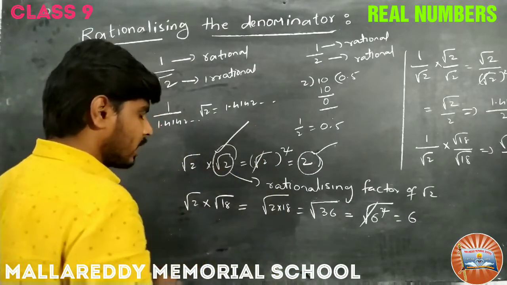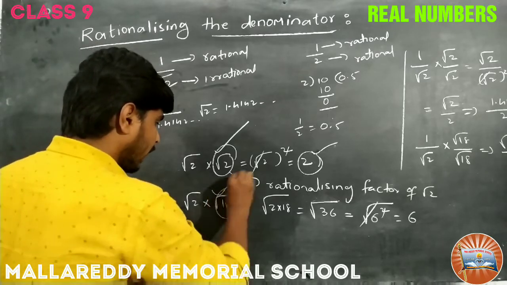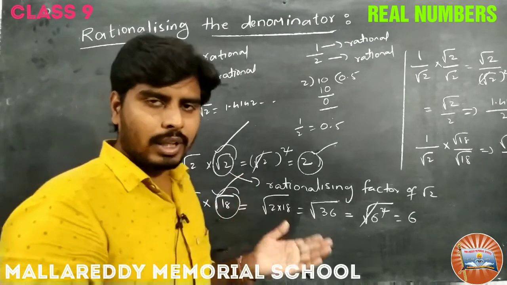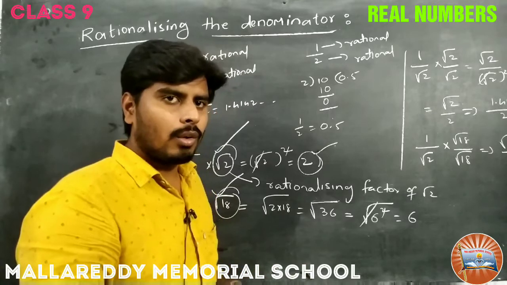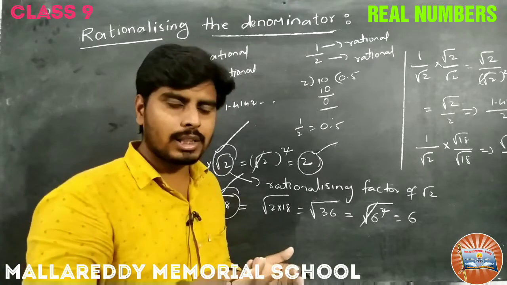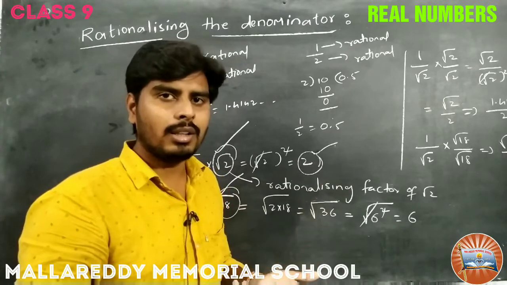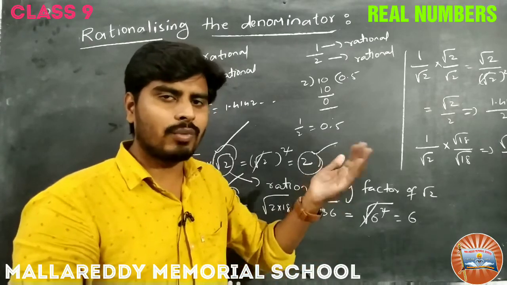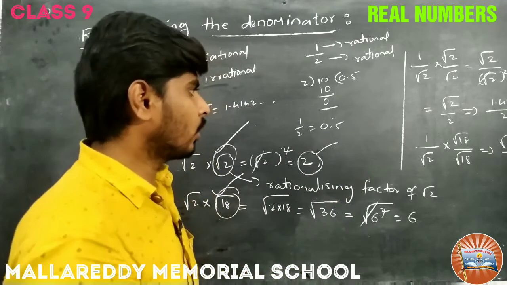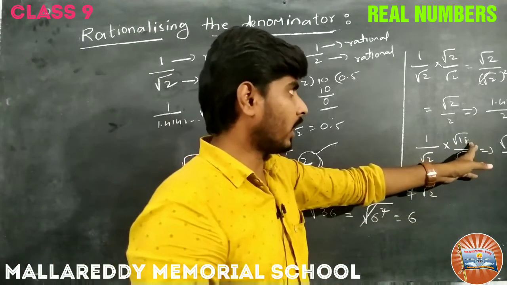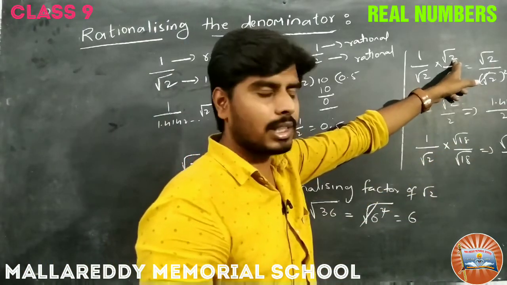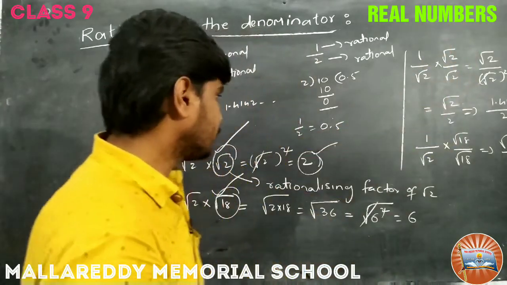Root 2 is a rationalization factor. Here root 18 is also a rationalization factor, isn't it? So we can conclude the rationalization factor is not unique, we can have more than one rationalization factor.